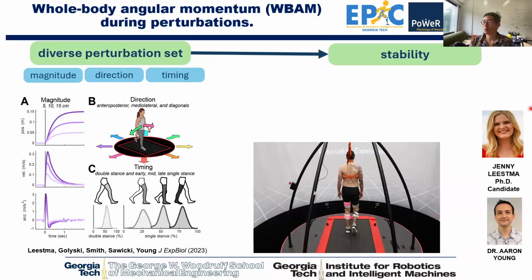And I really thought this was an error because some people were taking a step with their right leg and some people were taking a step with their left leg for the same direction of perturbation. And I was like, this can't be true. But some people were doing this step out and other people were doing a crossover step for the same direction. And it was highly repeatable and specific to the individual.